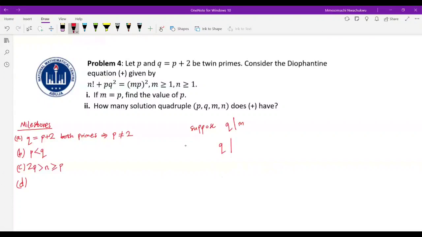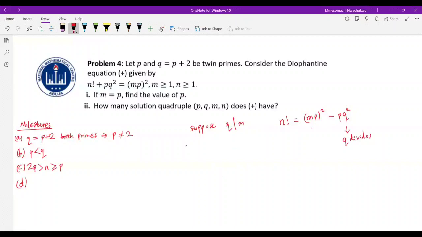We have n factorial is equal to mp all squared minus pq squared. So if q divides this, obviously q divides.